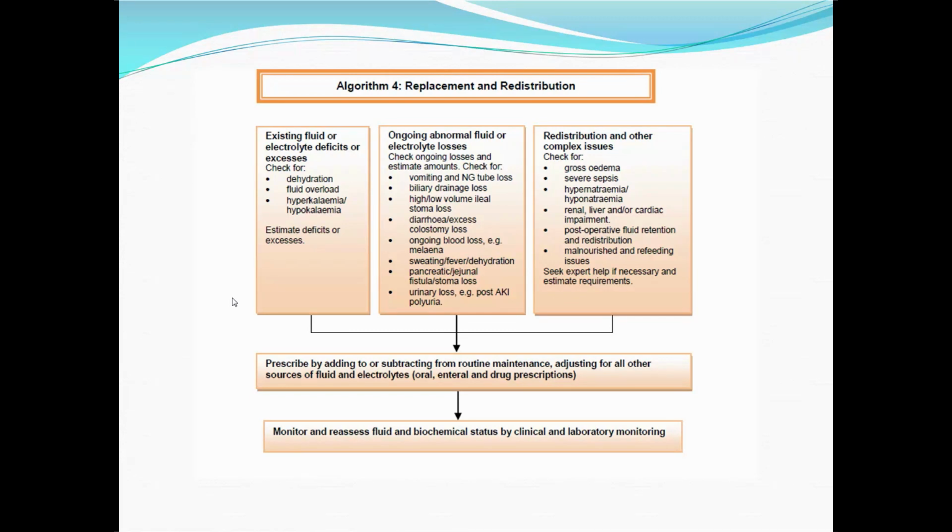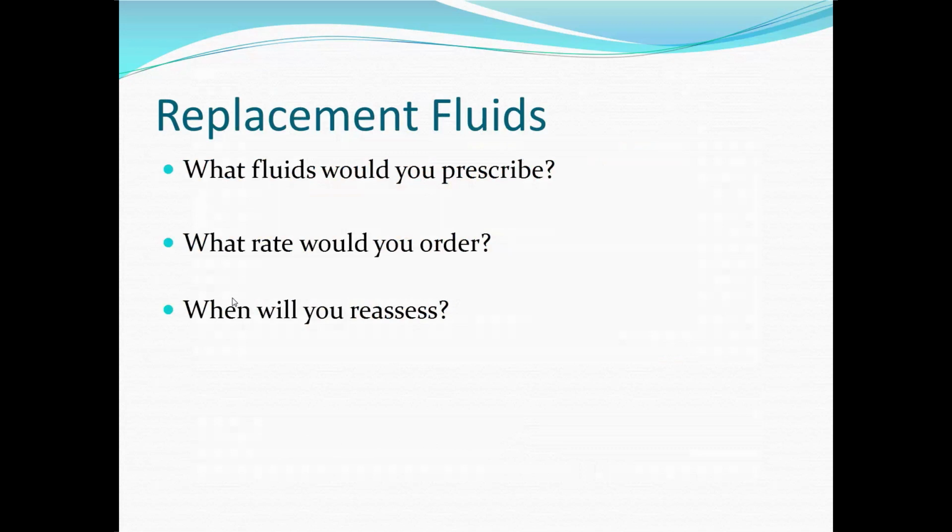So we've got your typical insensible losses plus the NG tube volume loss, and then prescribing your fluid order to address that. Again, it's a lot of sodium losses from gastric output, so probably something like normal saline or lactated Ringer's rather than half normal saline.